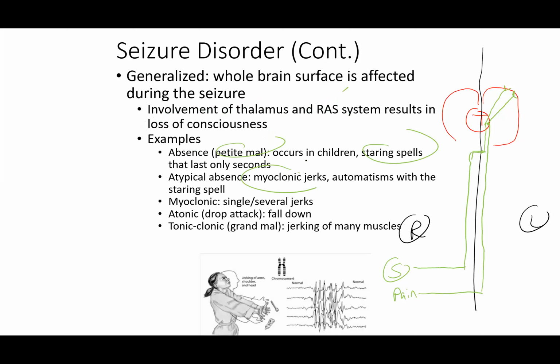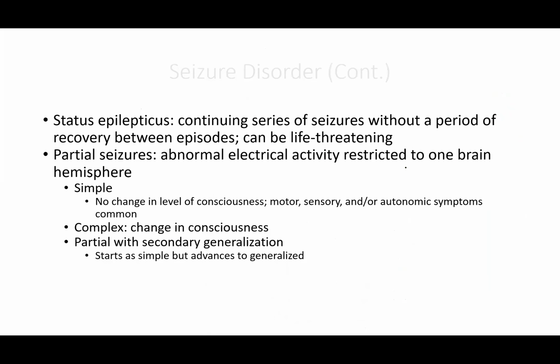There can be myoclonic jerks, up to your grand mals with severe jerking and spasm of the muscles. If you see these, one of the goals is to try to help them, try to prevent them from hitting their head or doing any kind of head damage.